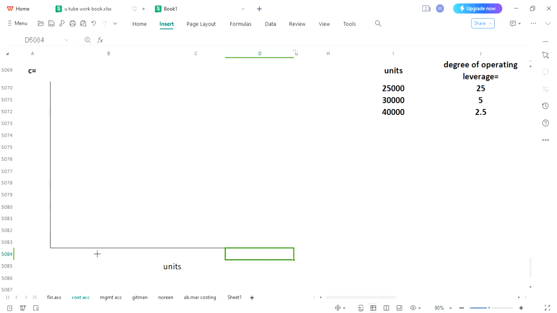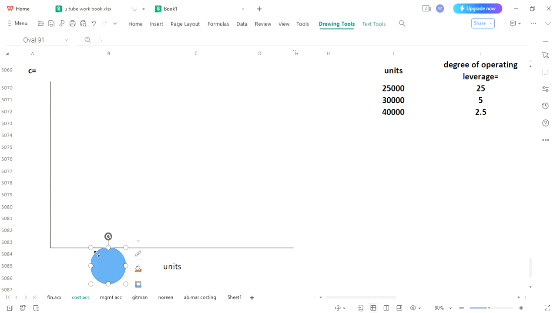So right now we are going to point over here. Okay. Second point would be present over here. Third point you will mark over here.